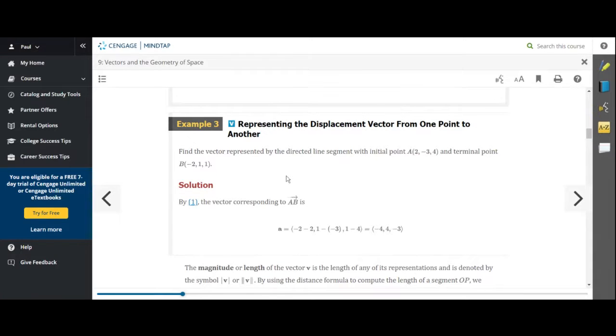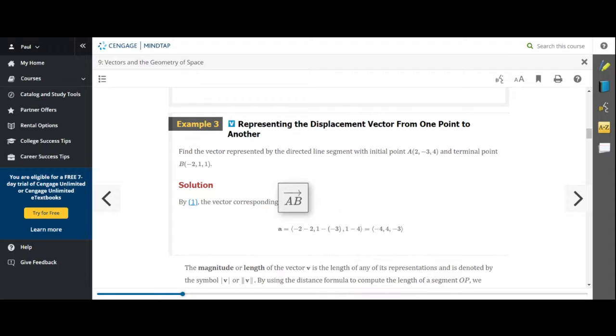In example 3, they want you to find the vector represented by the directed line segment with initial point 2, -3, 4, and terminal point -2, 1, 1. And all you do is subtract the components of the vectors, and that's how you find the corresponding vector AB.